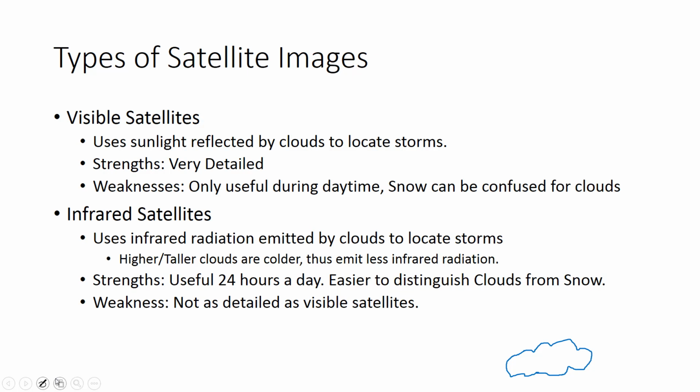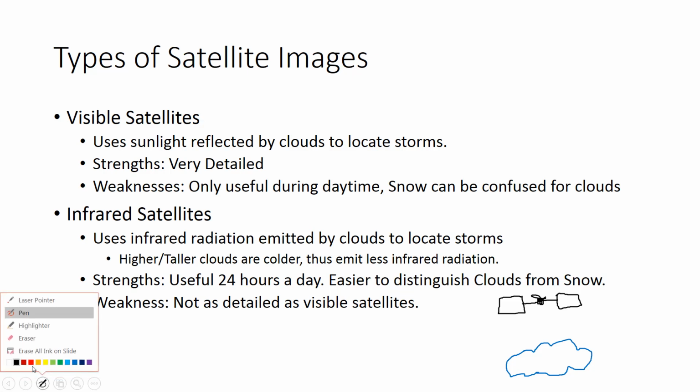And what they do is, as they're flying over a cloud, so let me draw a little satellite here. Whoops, there we go. So here's a satellite here. Rather than relying on reflected sunlight, the way that these work is they instead rely on the infrared radiation that clouds give off.